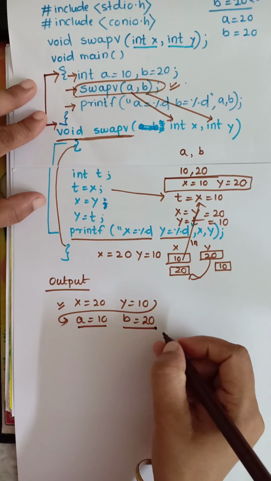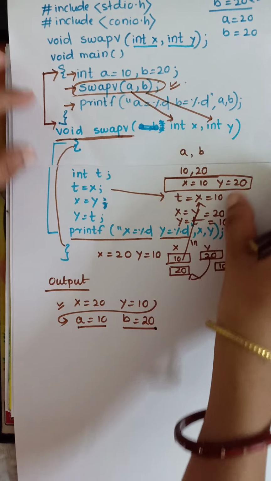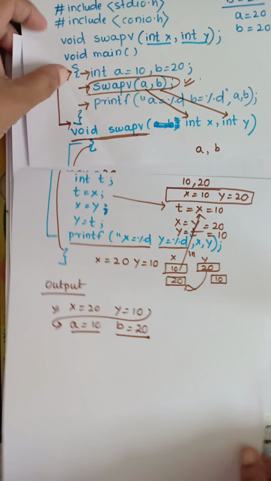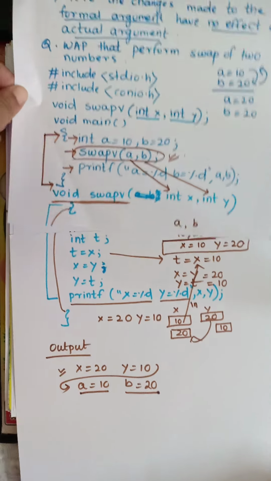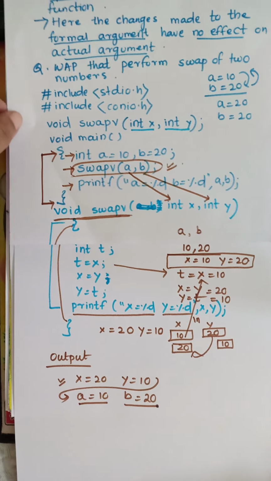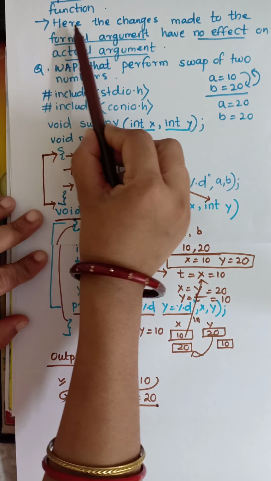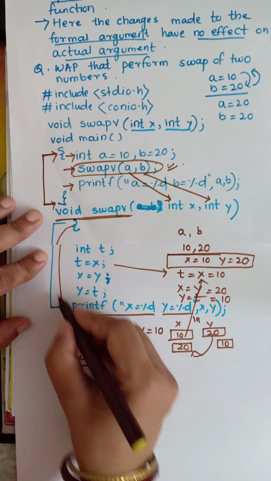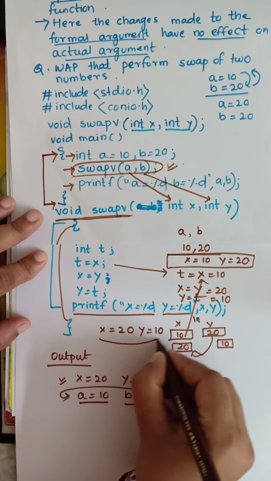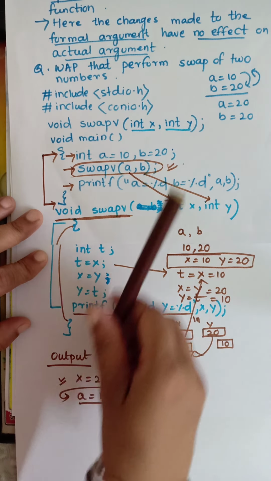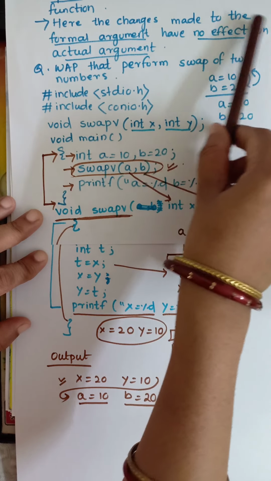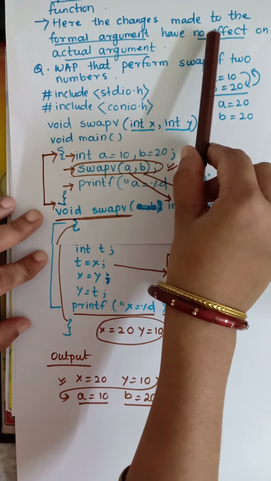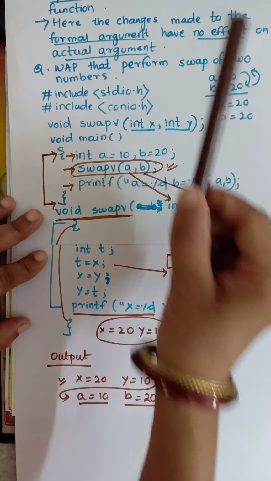Okay. So look here, what I write here. What is the operation in my call by value? Here the changes made to the formal argument. We are changing the formal argument, which means the formal argument values are changed. Here the changes made to the formal argument have no effect on the actual argument.